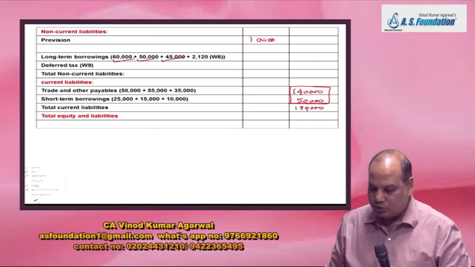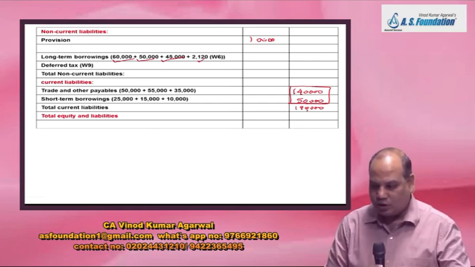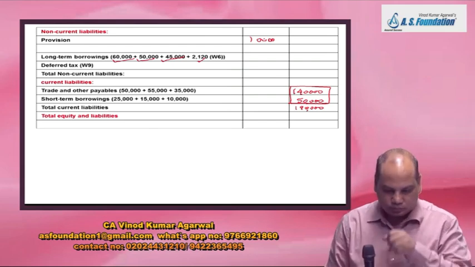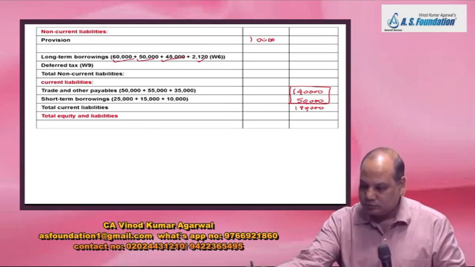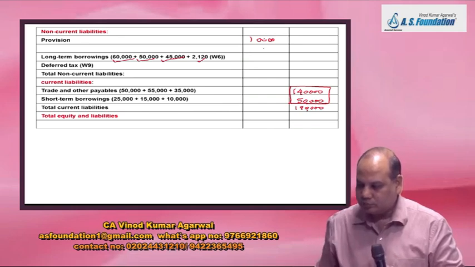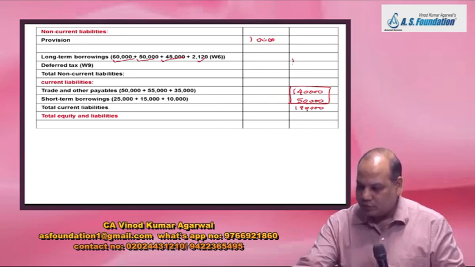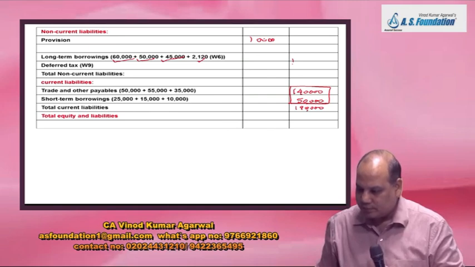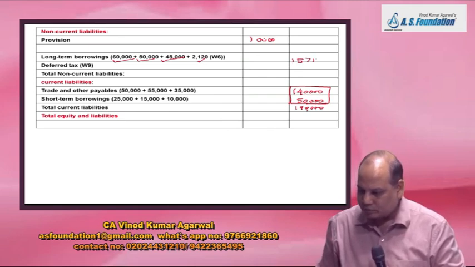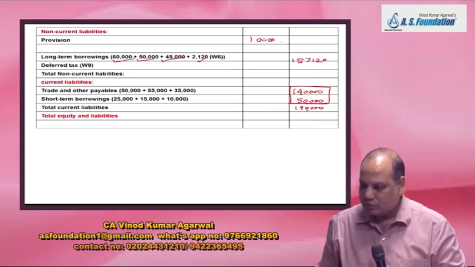So tick mark 2120 also. Now tell me the final long-term borrowing in the outer column. 157. Very good. 157, 120. Okay.